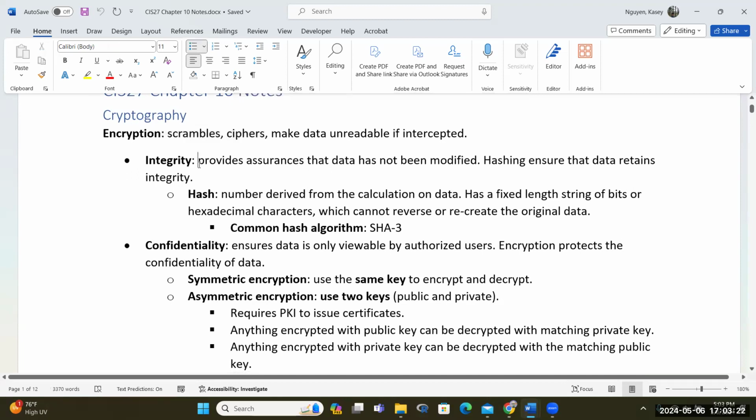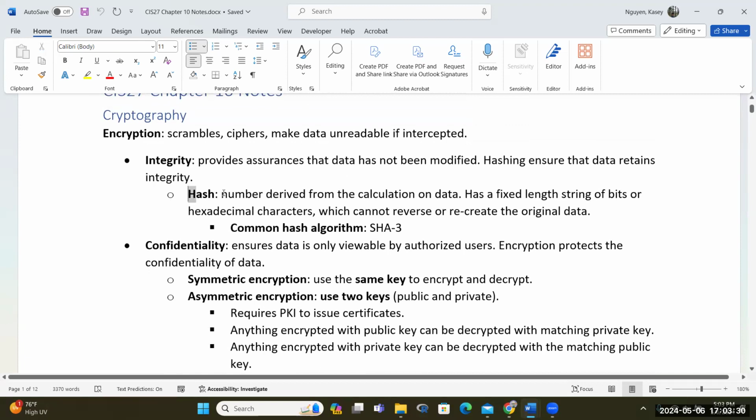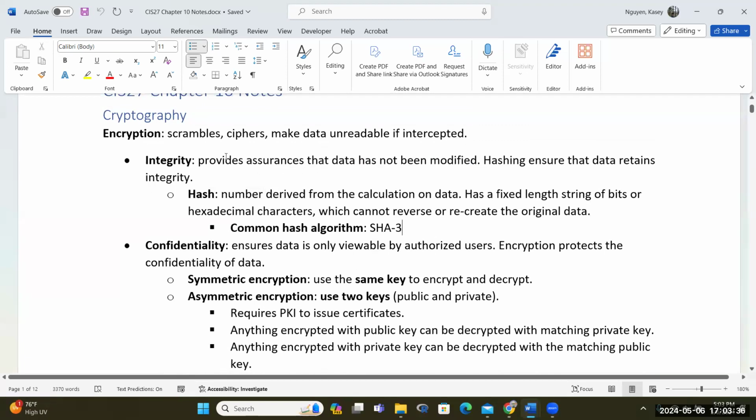In encryption, we would achieve CI, confidentiality and integrity. So ultimately, the integrity part is going to be based on the hash value. So for example, if we are looking at an encrypted file, right, the original file would have a certain hash value.